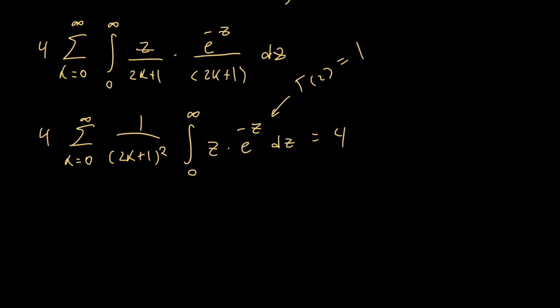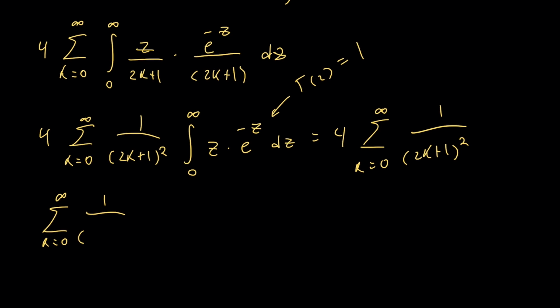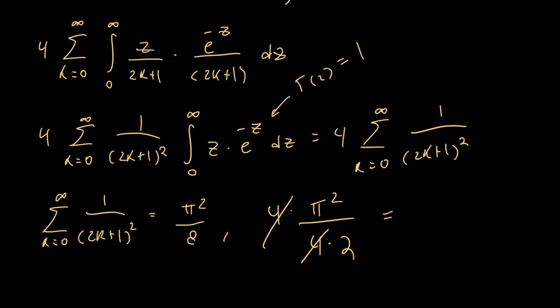So we're left with 4 times the sum from 0 to infinity, 1 divided by 2k plus 1 quantity squared. But the sum from 0 to infinity of 1 divided by 2k plus 1 quantity squared is equal to pi squared over 8. So we're going to have 4 times pi squared over 8 is the same thing as 4 times pi squared over 8, and as you can see, the 4's cancel. So we're left with pi squared over 2.